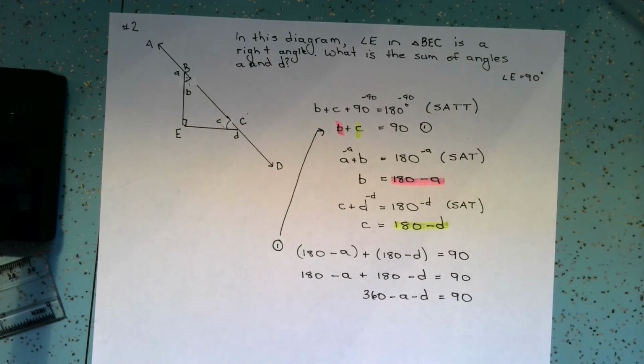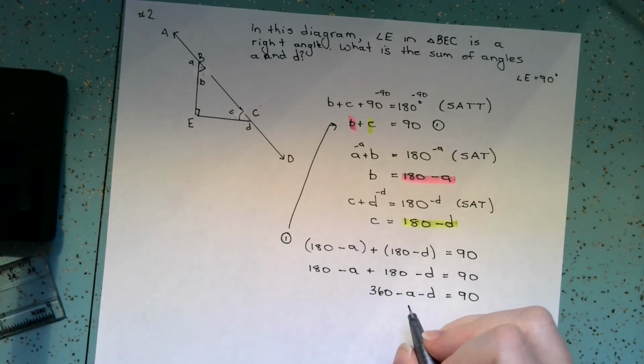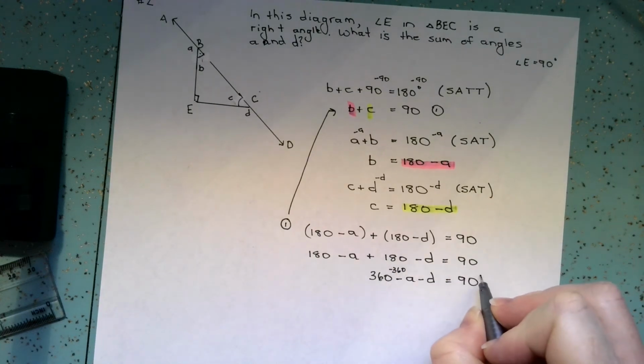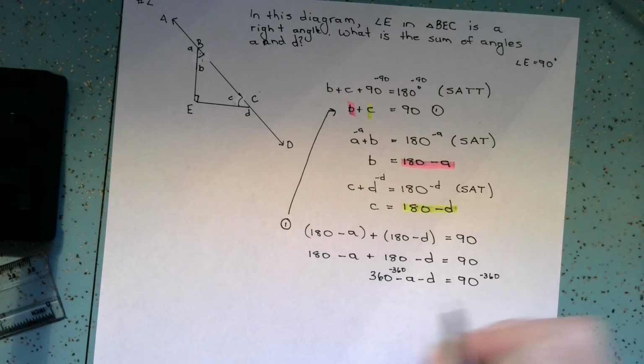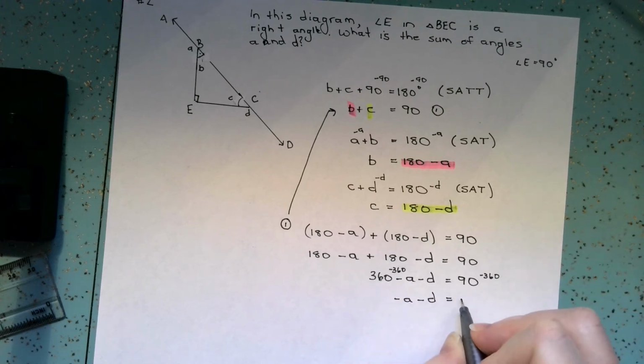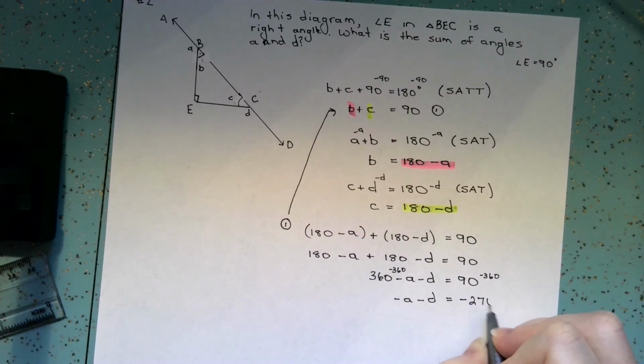Well, that's starting to look a lot better. I'm close. So I'm going to try to rearrange this and get a sum instead of a subtraction. First I'm going to subtract the 360 from both sides. So now I have negative A subtract D is equal to negative 270.